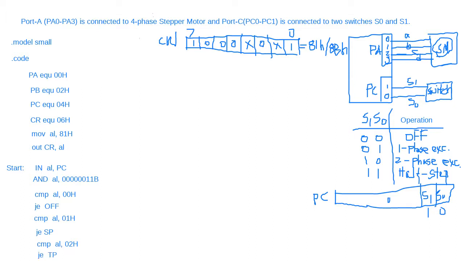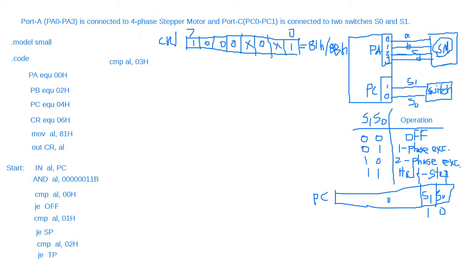If it is not, then it will check, compare AL comma 03H, because S1 and S0, if it is 1 1, with all other bits 0, it will be 03H. Jump equal, it's half step mode.